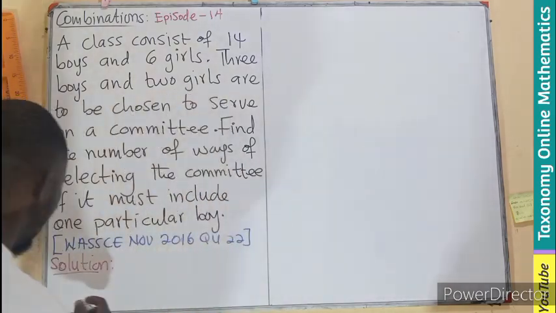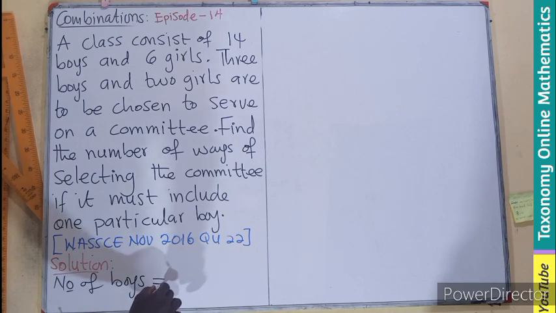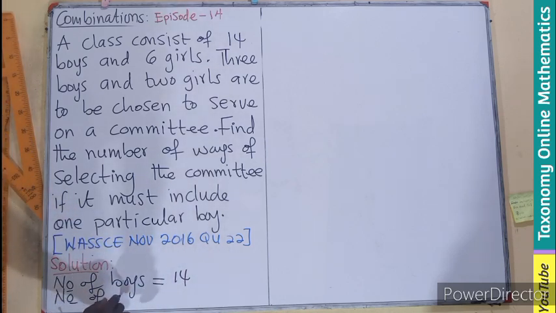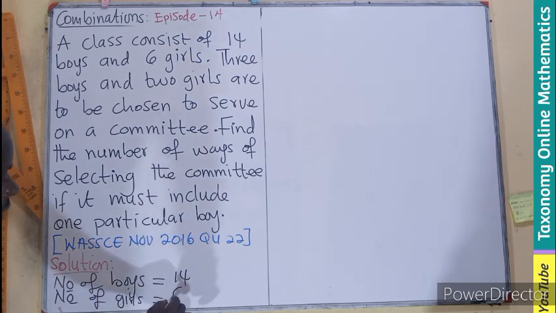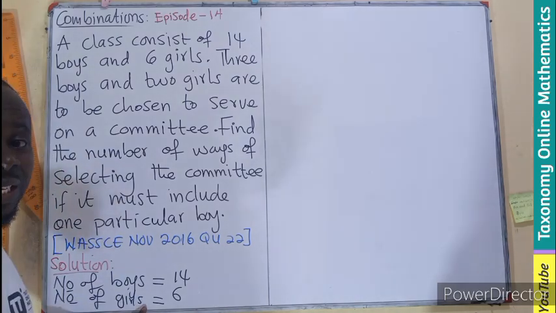So first things first, we need to know the number of boys, which has been given as 14. The number of girls has also been given to us as 6. Now we need to know the selection of boys.